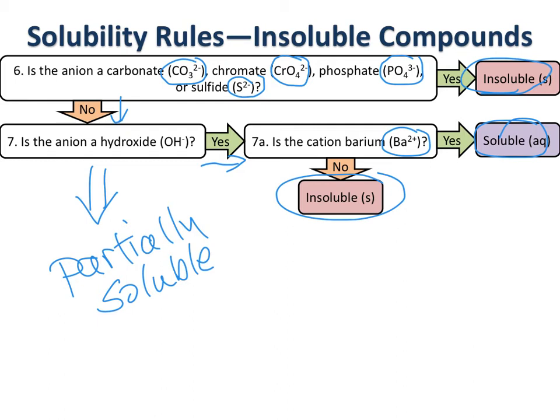Question 1 on slide 13 covered the possibility of the cation being an alkali metal or the ammonium cation. Answering yes to question 1 tells you the compound is soluble and you are finished with the flow diagram. Thus, questions for the alkali metals or ammonium cation are not necessary in the flow diagram for the insoluble portion, questions 6 and 7.